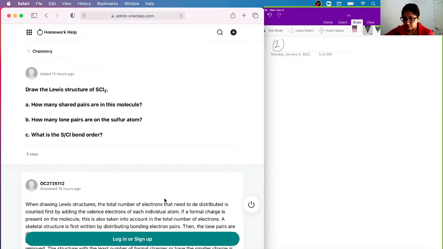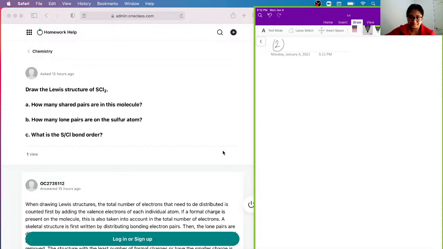So to approach this question, we first have to say, when you're drawing a Lewis structure, the total number of electrons shared among the atoms need to be distributed.